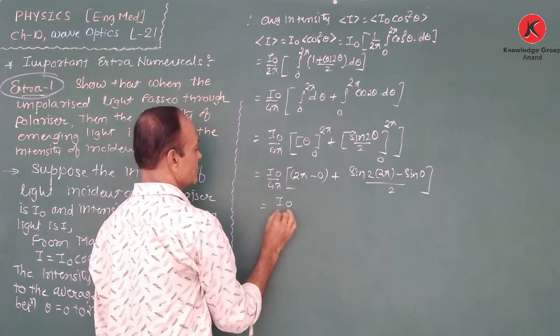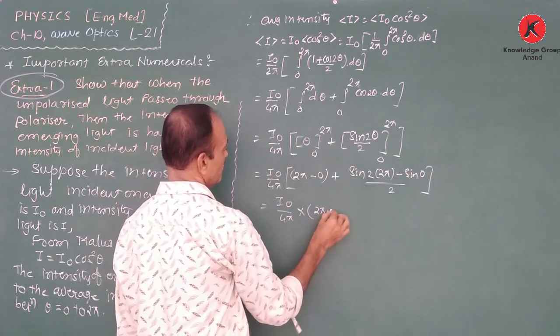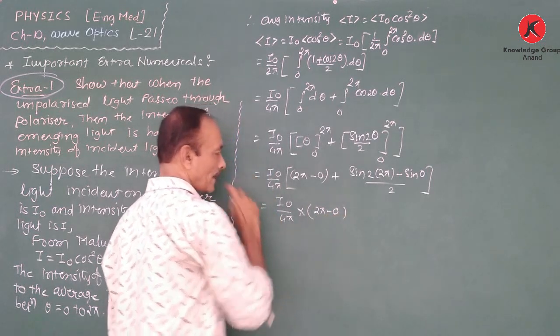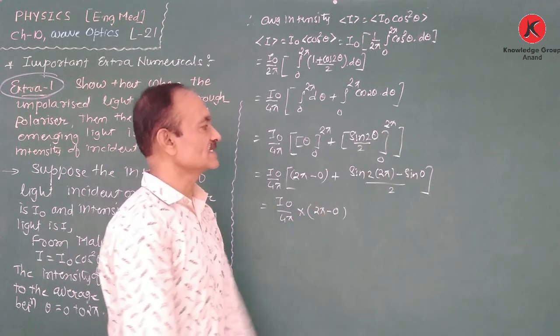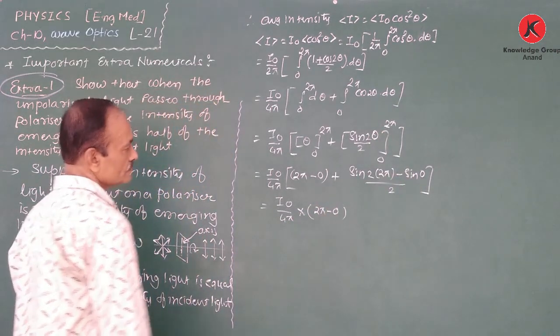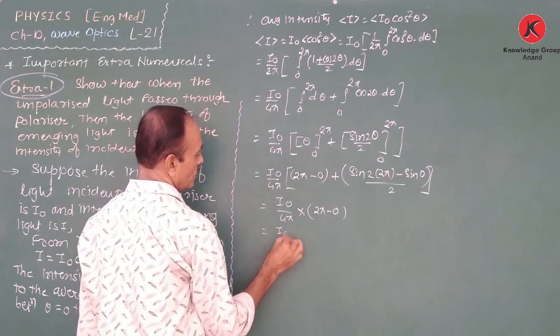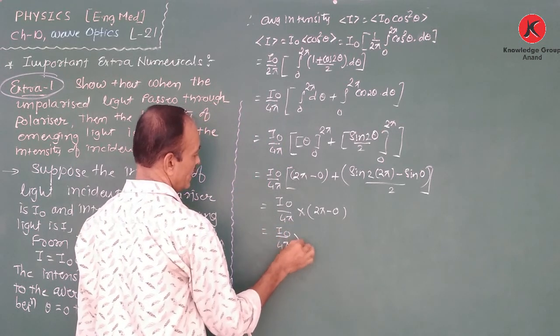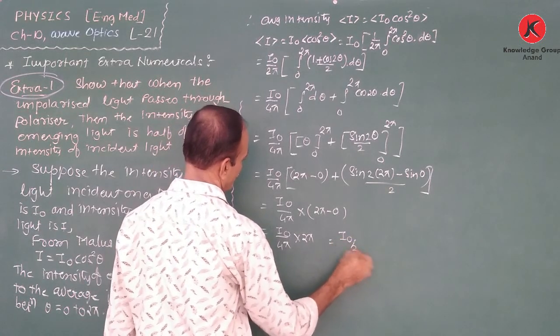Therefore, I0 upon 4 pi into (2 pi minus 0) plus 0, which gives I0 upon 4 pi into 2 pi, therefore I0 by 2.